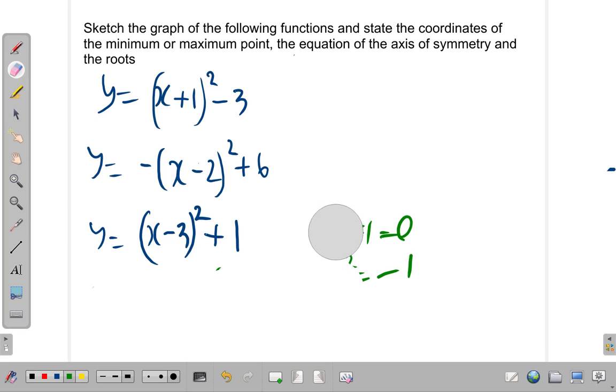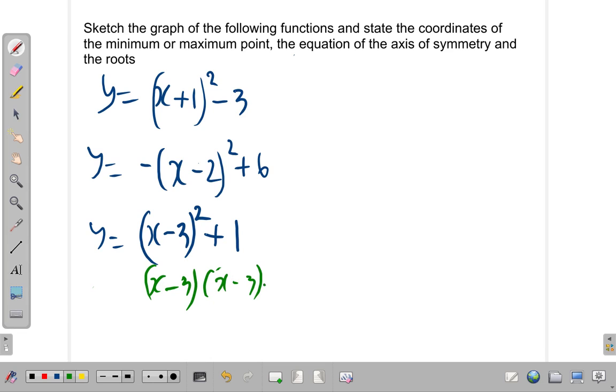And if we try another way, what we could do is say x minus 3 squared is the same as x minus 3 times x minus 3, plus 1. Let's expand it out and then try to use the quadratic formula.